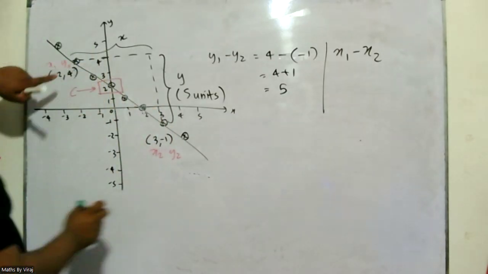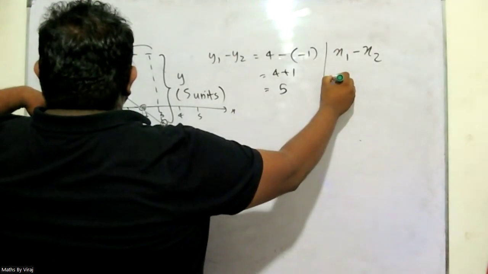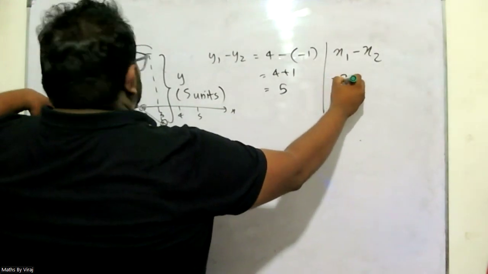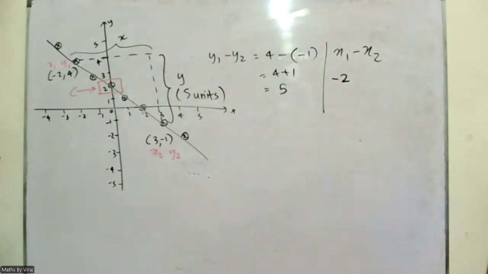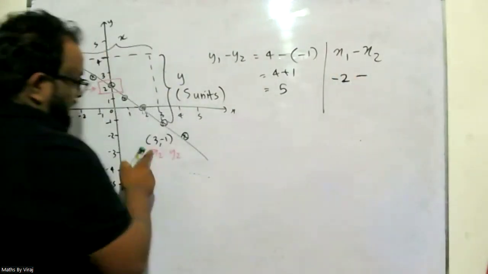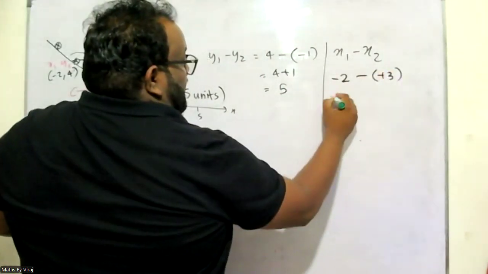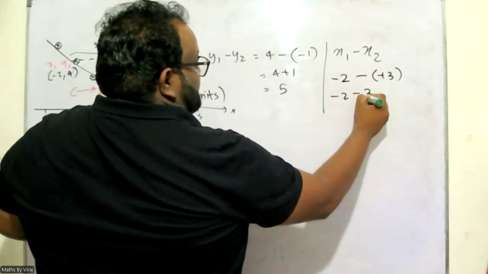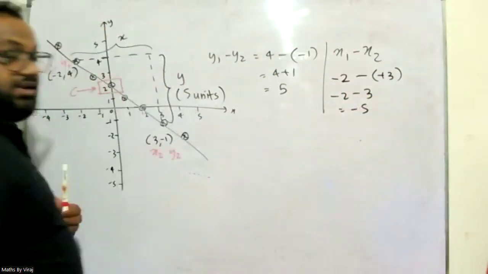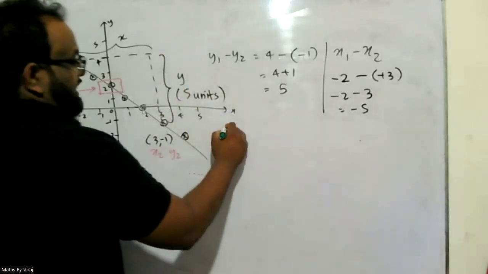Now, what is the value here? x1 is minus 2. Minus, what is here? Plus 3. Now minus 2 minus plus is minus 3. Therefore, the answer is what? Minus 5.